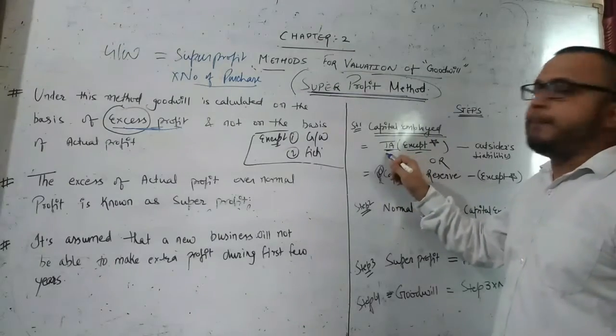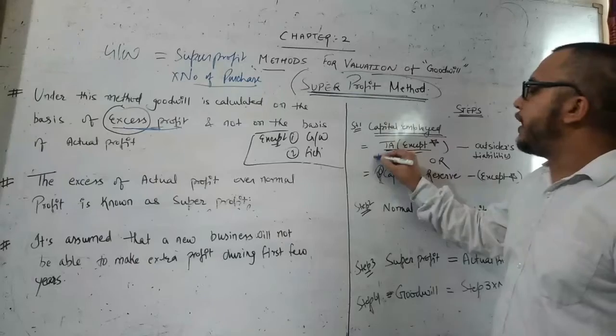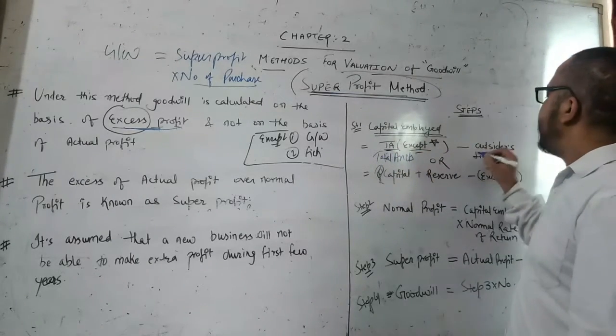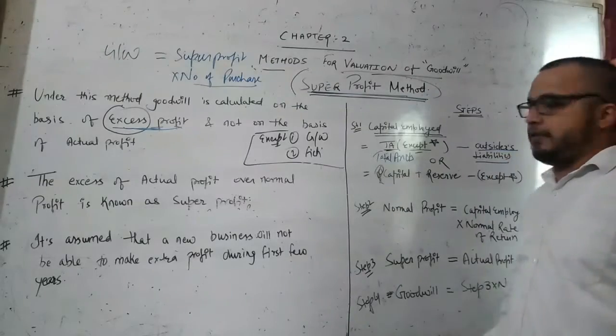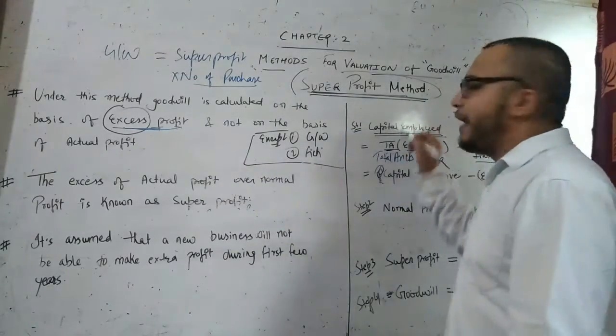Capital employed can be computed with the help of the formula: total assets minus outsiders' liability. By subtracting outsiders' liability from total assets, you will get capital employed.